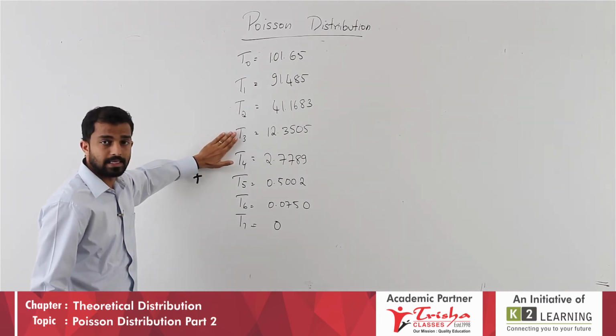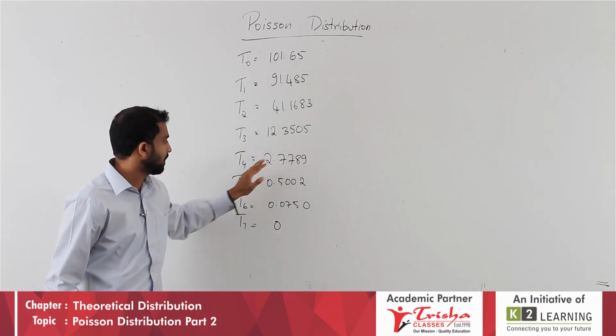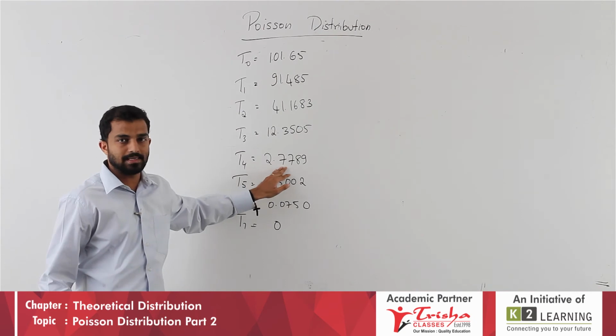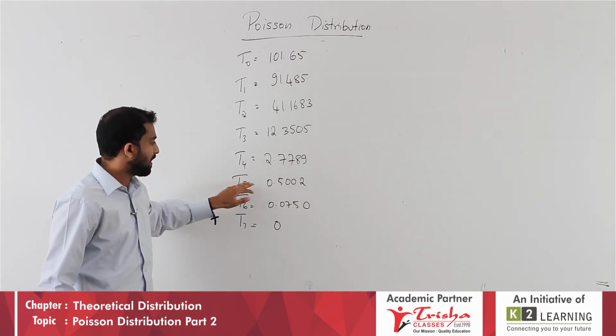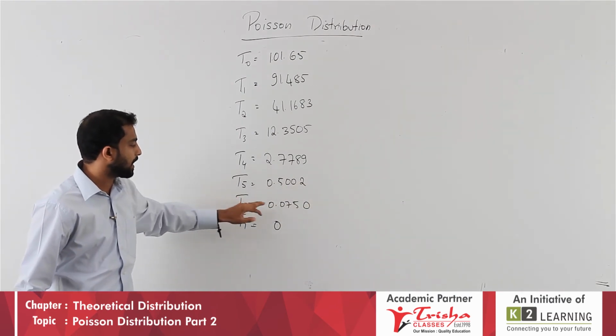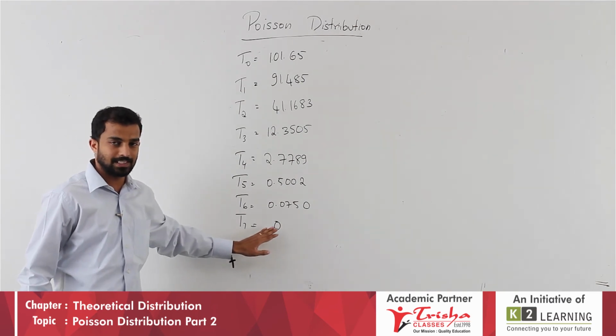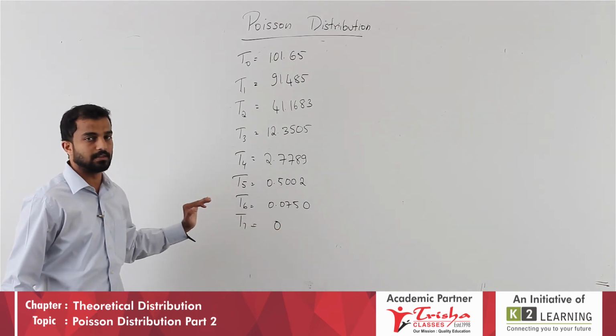Let us see what is T3. You had to get it as 12.3505. T4 you had to get as 2.7789. T5 you have to get as 0.5002, T6 you get 0.0750, and T7 I have just written as 0. I will tell you the reason for it.